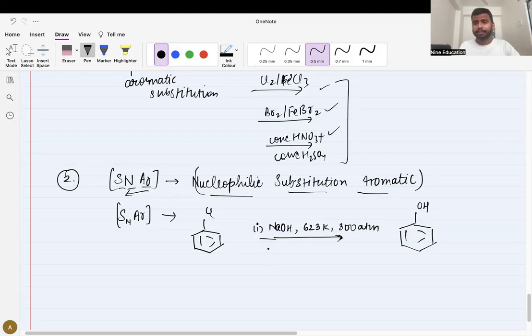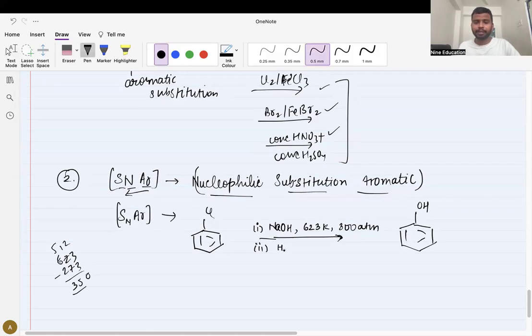Literally, 623 minus 273 will be how much? 350. Literally 350 degrees Celsius, very high temperature, heavy pressure. 300 atm is heavy pressure. So first I put NaOH at this temperature and this pressure.